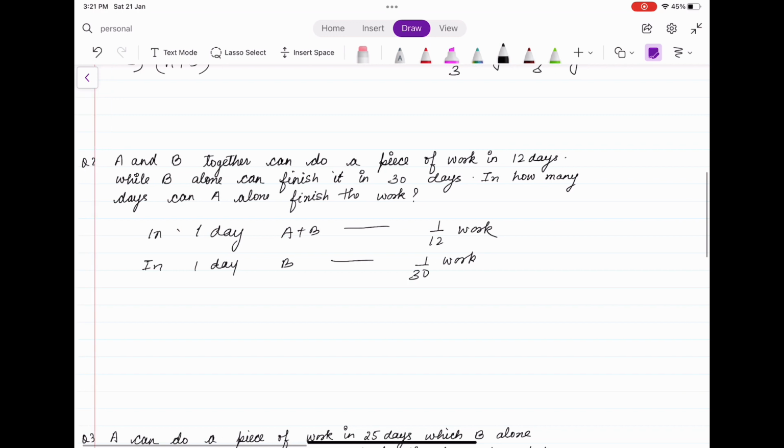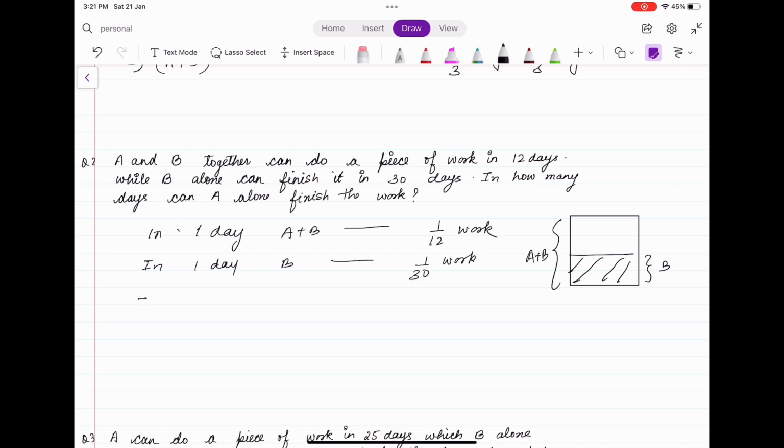So now let's understand, A and B together एक दिन में ये एक काम पूरा ख़त्म कर रहे हैं और उसमें से B इतना काम ख़त्म कर रहा है. ये A प्लस बी का वर्क है, ये B का वर्क है, तो A के वर्क के लिए क्या करेंगे? A प्लस बी ने एक दिन में कितना काम किया माइनस B ने कितना काम किया.